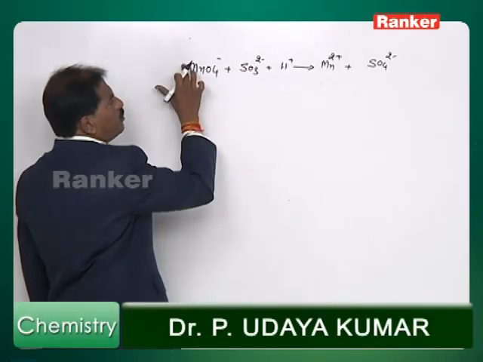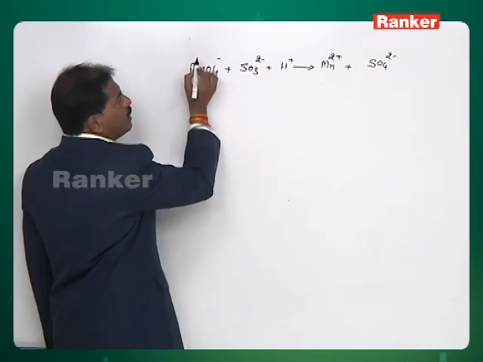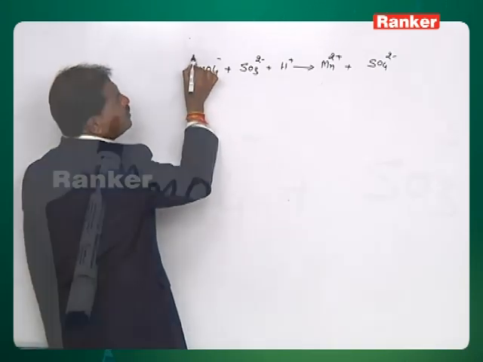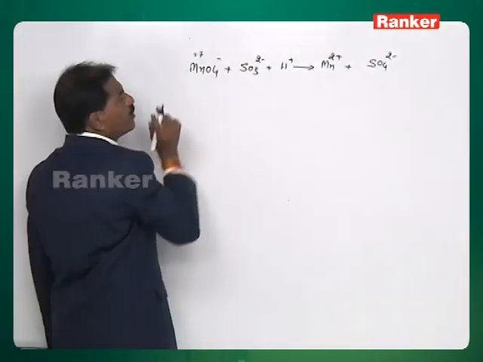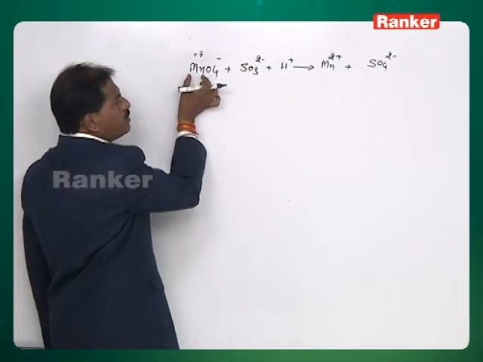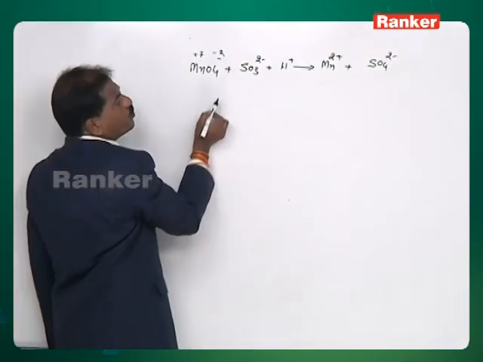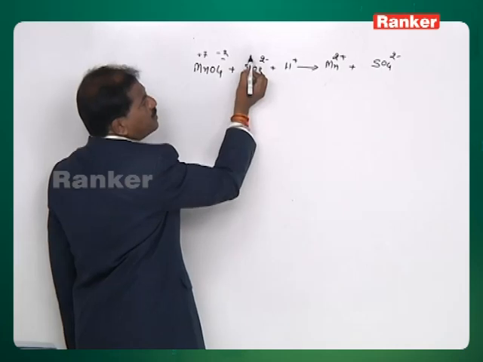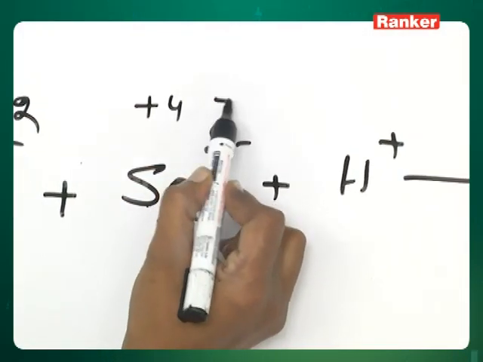Next, we want to balance this reaction through the ion-electron method. In the ion-electron method, first identify the oxidation state of each and every atom participating in the reaction. Here, the oxidation state of the manganese is +7. The oxidation state of the oxygen is -2. The oxidation state of the sulfur here is +4. The oxidation state of this oxygen is -2.